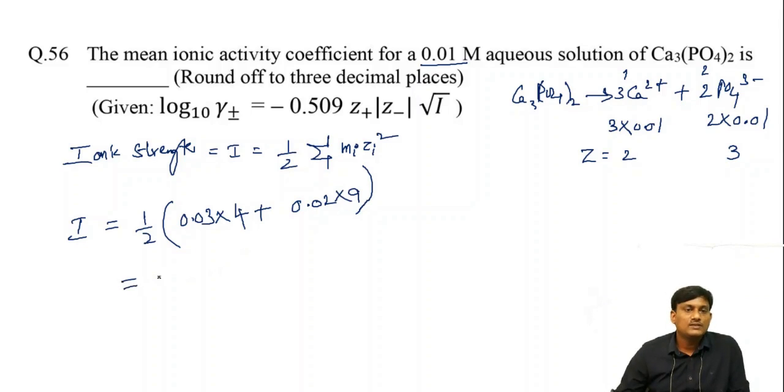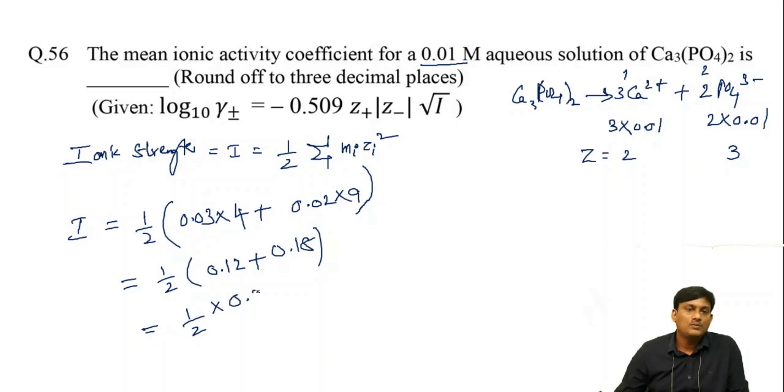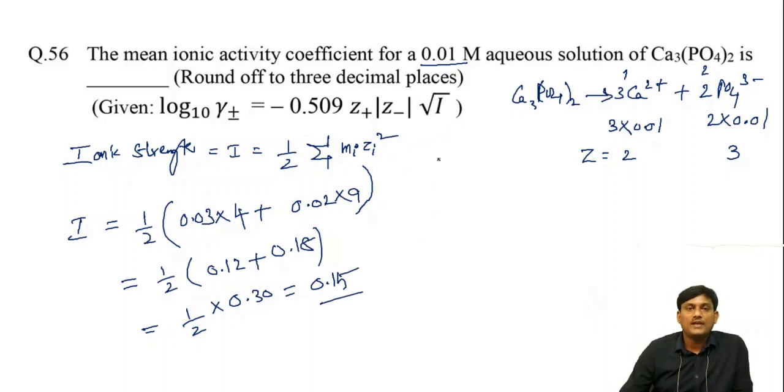So you will get 1 by 2 of 0.12 plus 0.18, so it will be 1 by 2 of 0.30, which is 0.15. This is the I value.